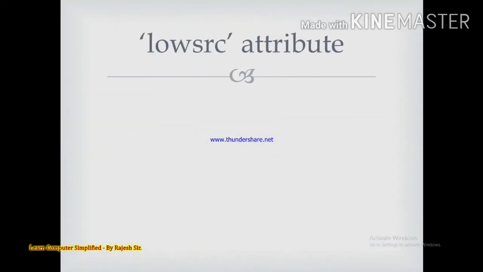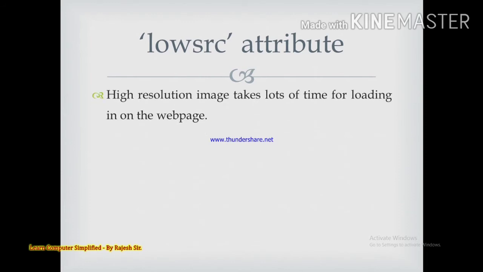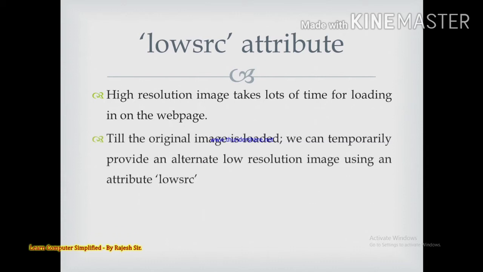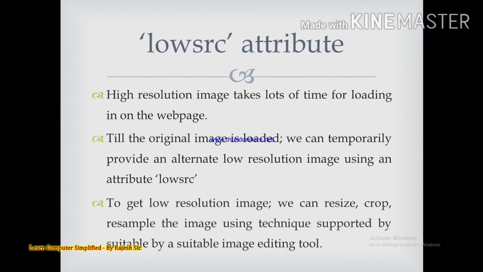Next is low SRC. A high resolution image takes a lot of time for loading on the web page. Till the original image is loaded, we can temporarily provide an alternative low resolution image using the low SRC attribute. To get a low resolution image, we can resize, crop, or resample the image using techniques supported by a suitable image editing tool.